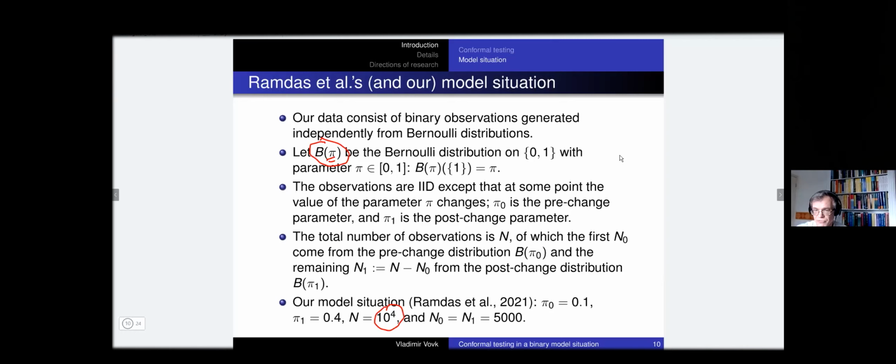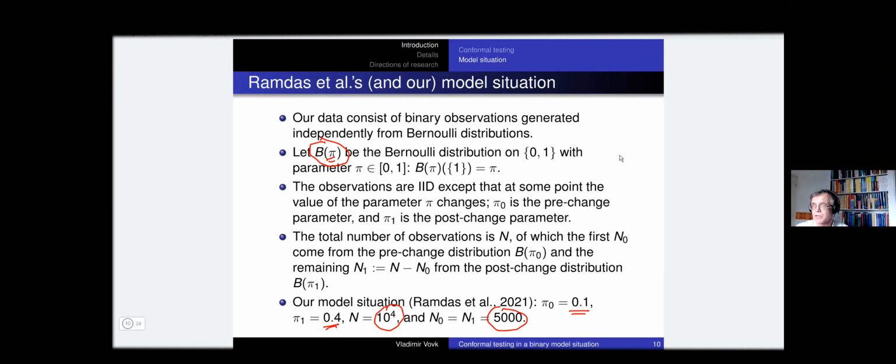The first half, the first 5,000, are generated from the distribution where the probability of 1 is 0.1. But then at observation 5,000, it suddenly changes. It's a drastic change, and it's easy to detect. It changes to 0.4.